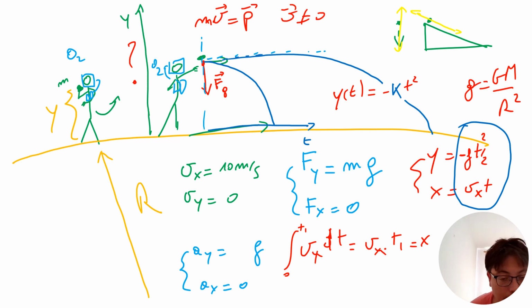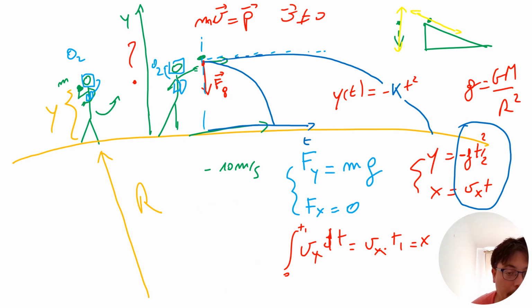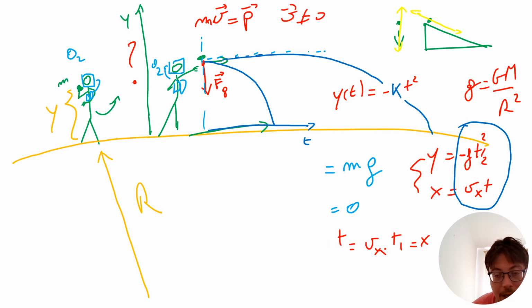So let's do it, just for the sake of it. Maybe it's unrealistic, and I pick a crazy number that you need to be the Hulk or Captain America to throw that kind of ball or stone. But let's see.